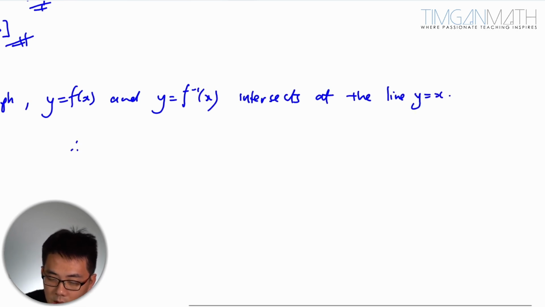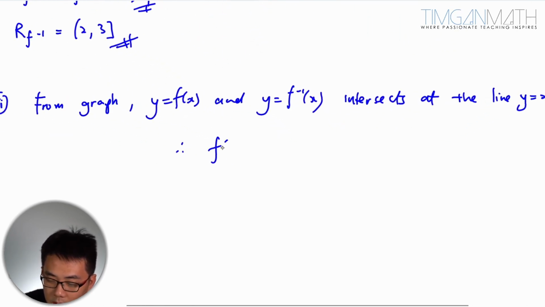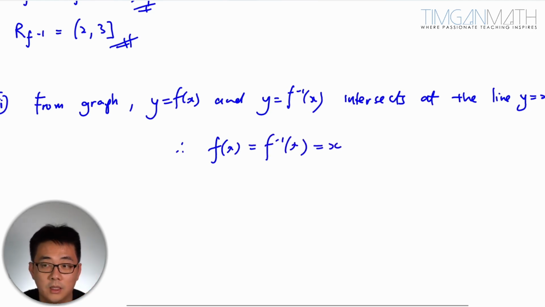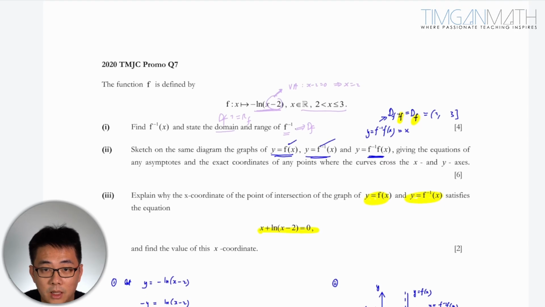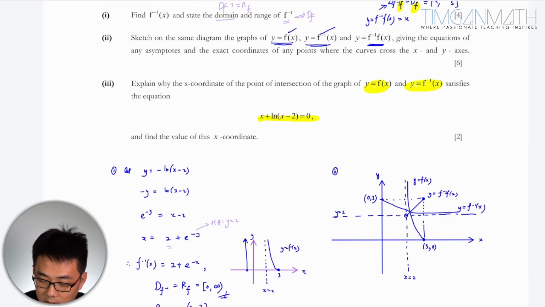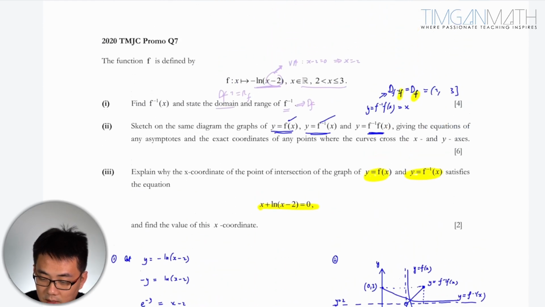Okay, so hence this is where f(x) equals f inverse x equals x. That is the first thing, right? So there you go, the point of intersection will satisfy this equation here.